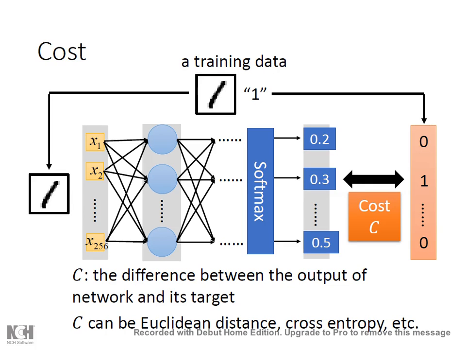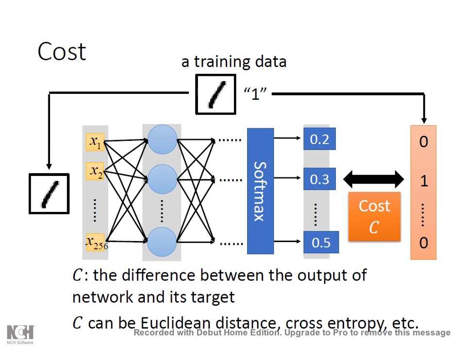So if the entropy is higher, it means the two vectors are very different. The lower the better. The best case will be 0 here, which means they are the same, identical. The probability distributions are the same.